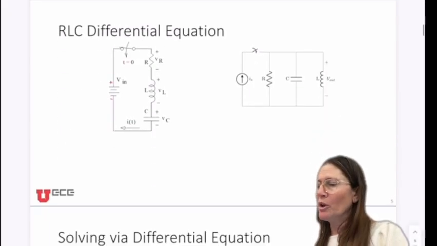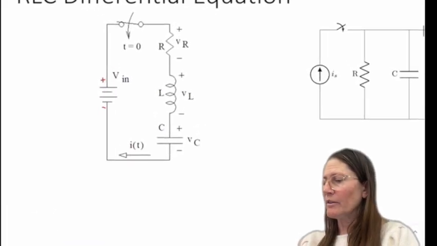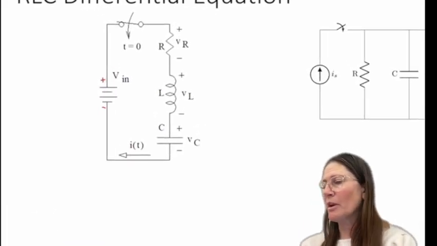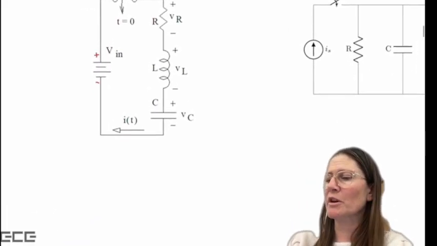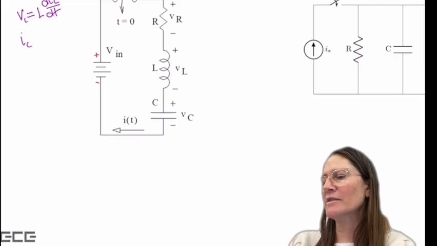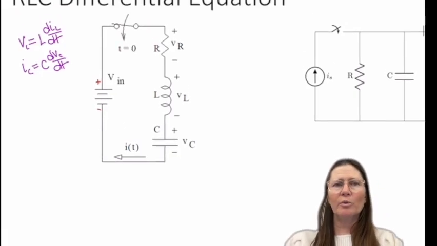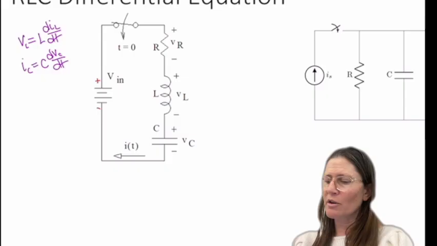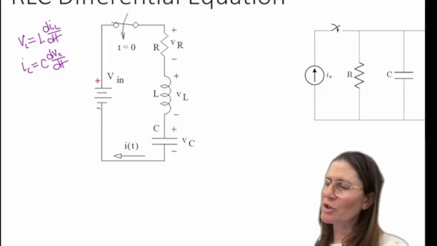So looking at these circuits, if we were to solve these, we remember that VL is equal to L di/dt. And for the capacitor, IC is equal to C times the derivative of the voltage across the capacitor, dVc/dt. With this knowledge, we can solve a circuit by taking a loop.